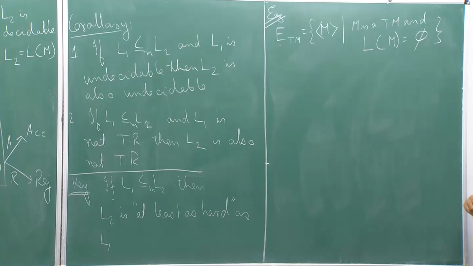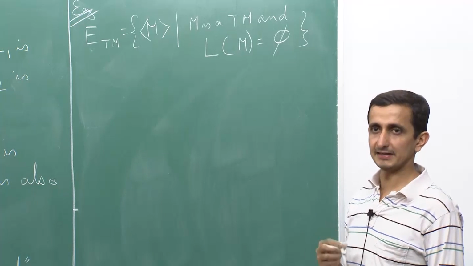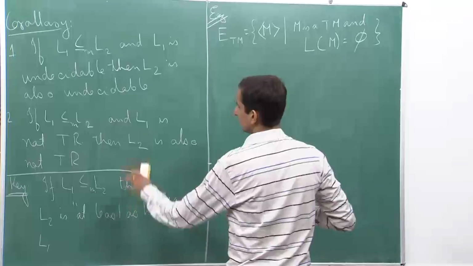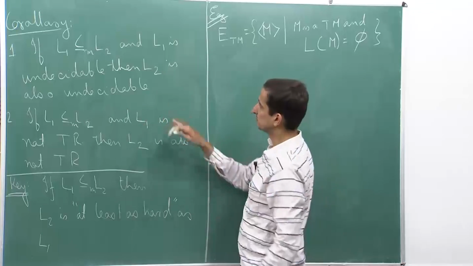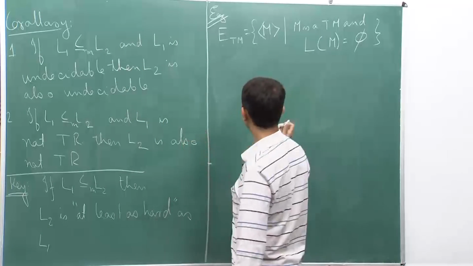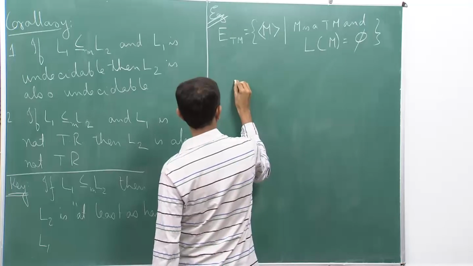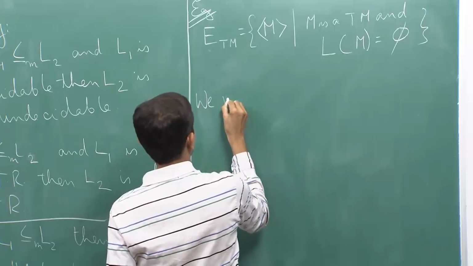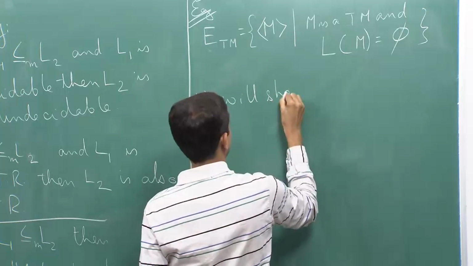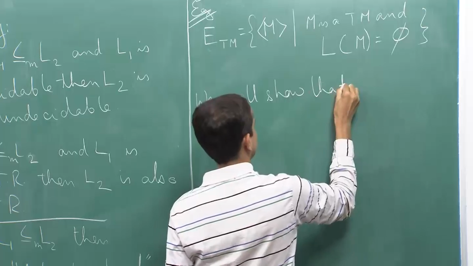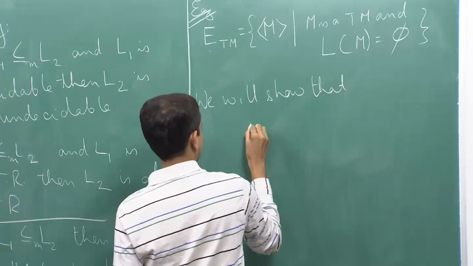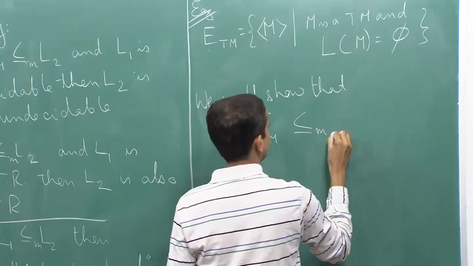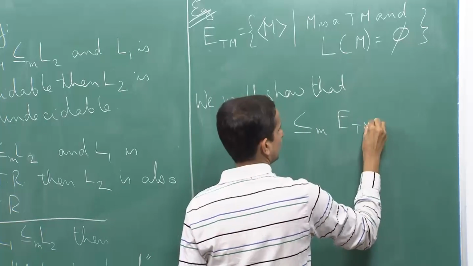This language we will prove is undecidable, and the way we will show this is we will use this corollary here. We will take an undecidable problem, ATM bar, and we will show that ATM complement reduces to ETM.